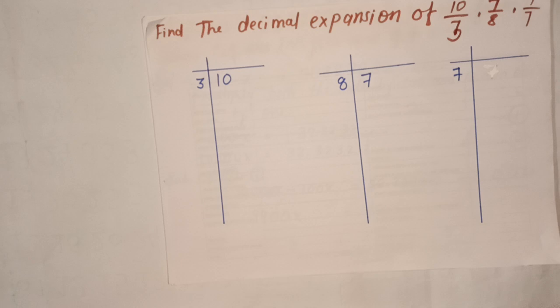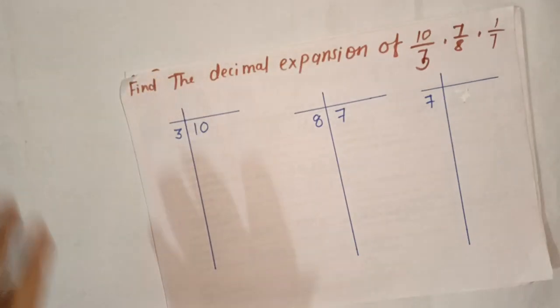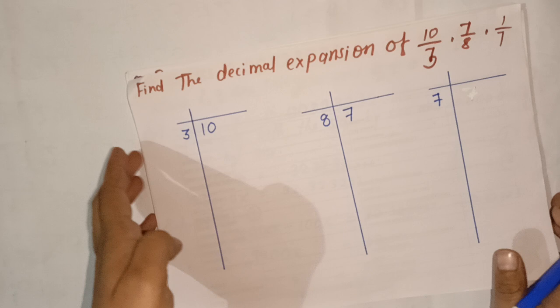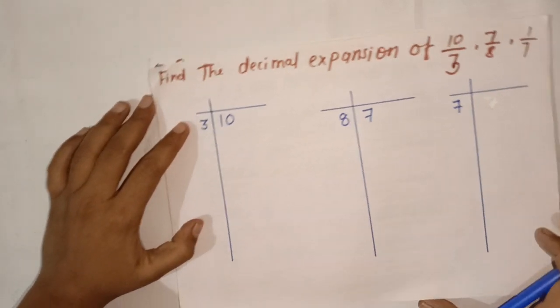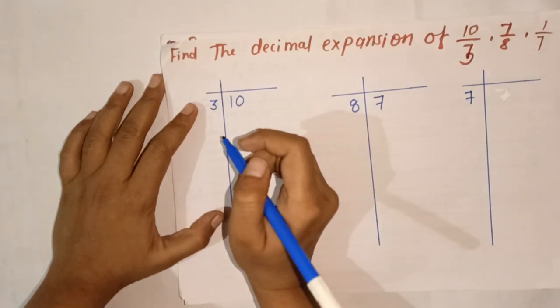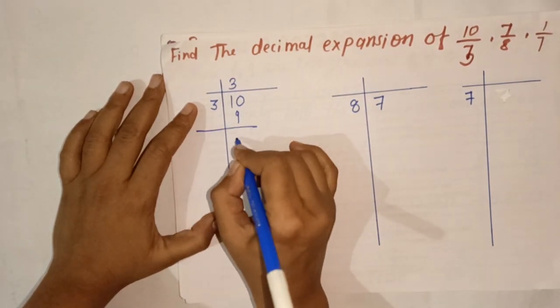Here they are asking about the decimal expansion of these numbers: 10 by 3, 7 by 8 and 1 by 7. So for the decimal expansion, we have to simply divide them. So we are going to start a division. I know it is very simple, but we have to do it. So 3 3s are 9, so it will become 1.